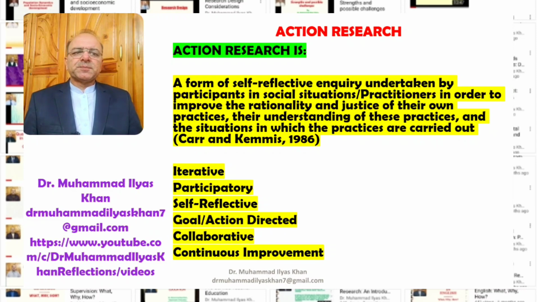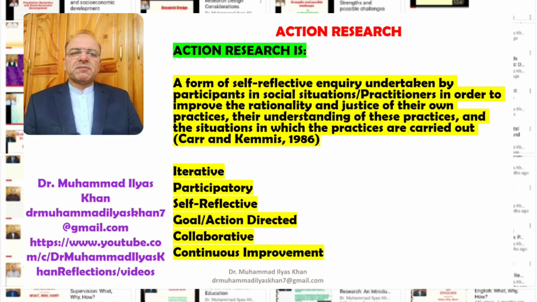So generally, action research is an iterative process. That is, it is a cyclic process because it involves inquiry and then action and possible improvement and again further data collection and again action. The other characteristic of it is that it is participatory, where the practitioners take part in the process of action research.